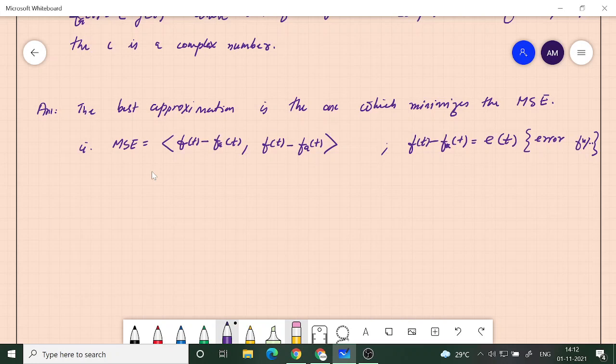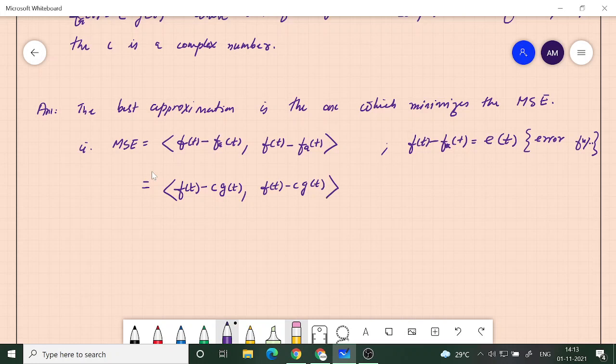Okay, so that is equal to, now if I substitute the approximate function as c g of t, f of t minus c g of t, inner product with itself.